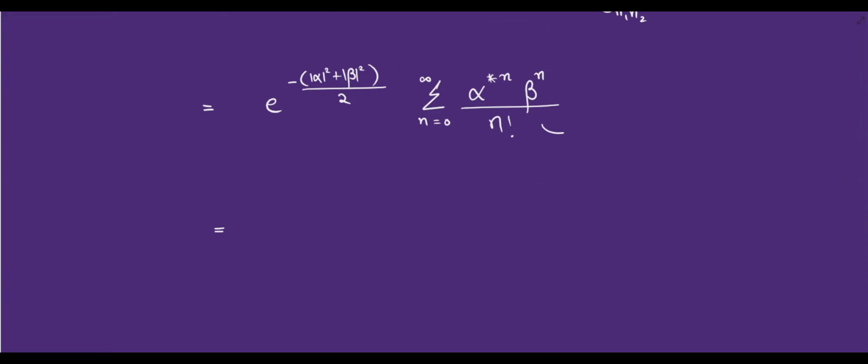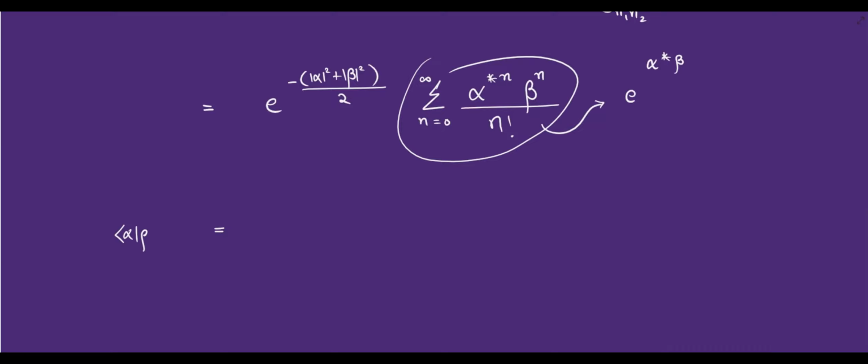So you see that this is equivalent to e raised to alpha star beta, this is what it is equal to. So we get that when we take an inner product of coherent states, ⟨alpha|beta⟩ is equal to e raised to minus mod of alpha square plus mod of beta square by 2 times e raised to alpha star beta.